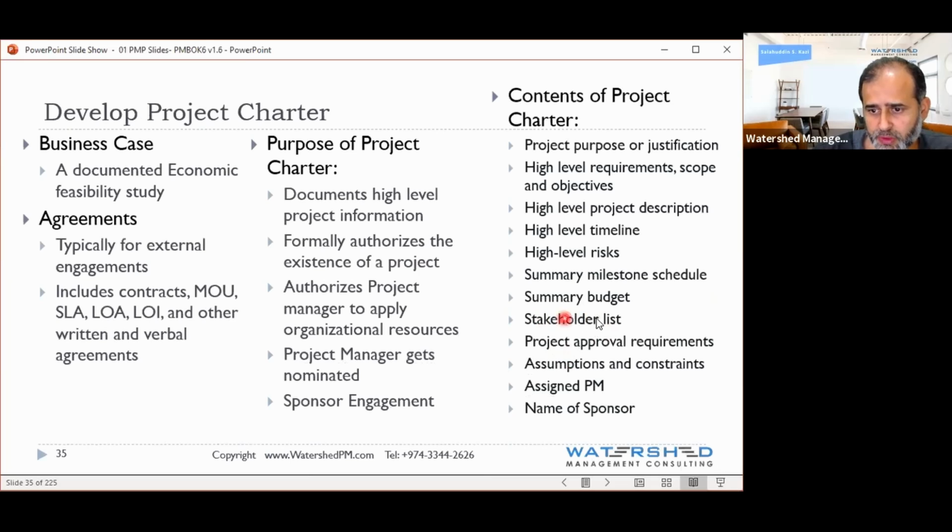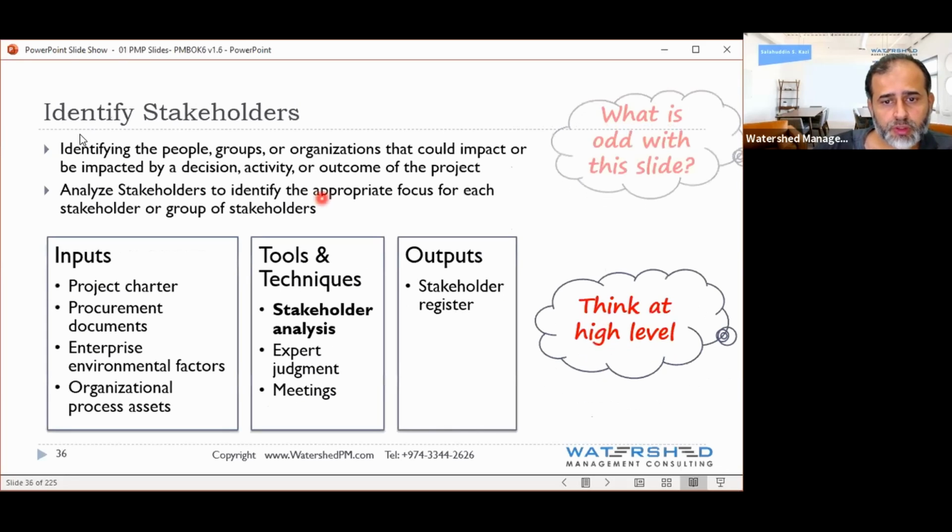Now, what is the difference between the stakeholder list in your charter and what you're trying to do in this process?